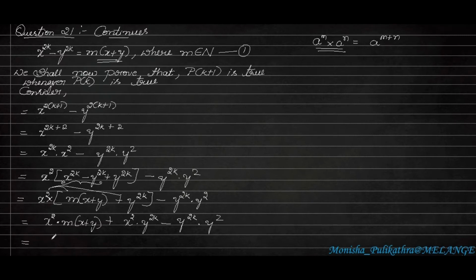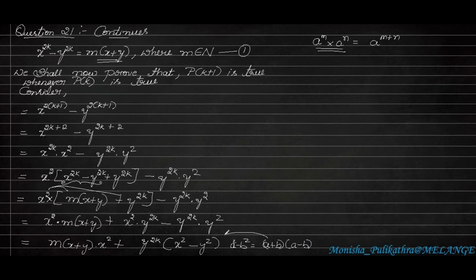So here this will become m into x plus y into x square plus, here y to the power of 2k is common. So I will be taking y to the power of 2k common. If I take y to the power of 2k common, the remaining will be x square minus y square. Now this is in the form of the algebraic identity a square minus b square, and we know that a square minus b square is equal to a plus b into a minus b.